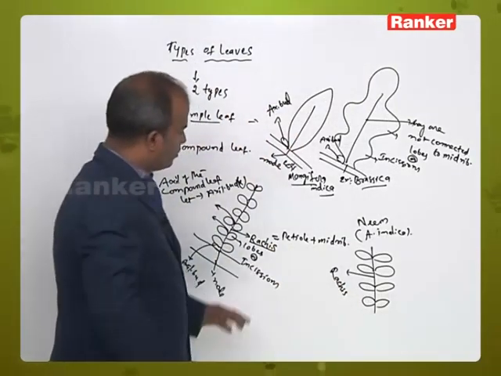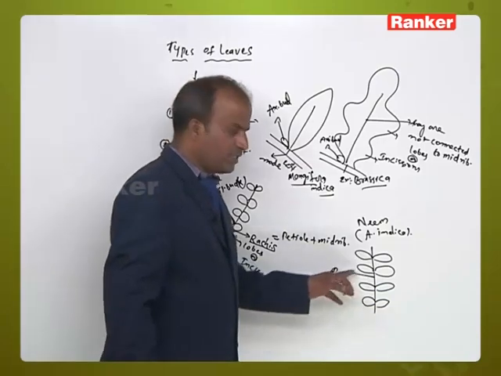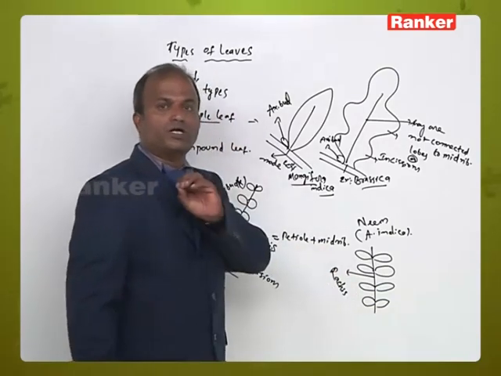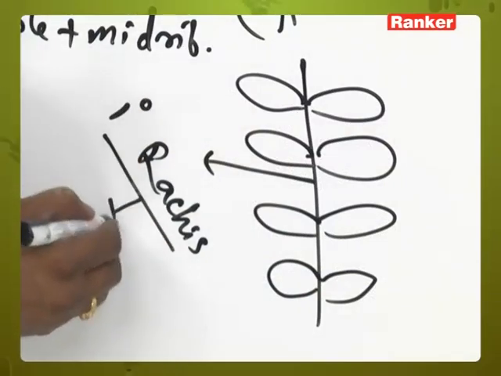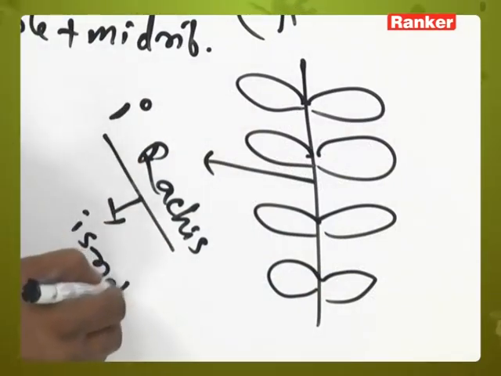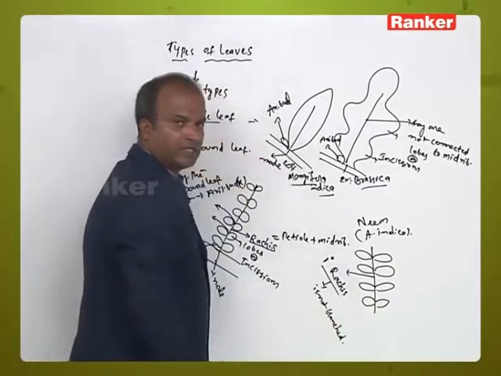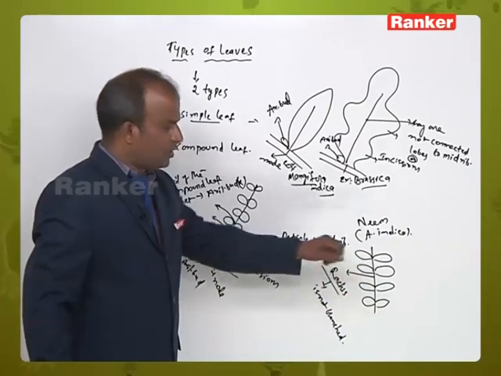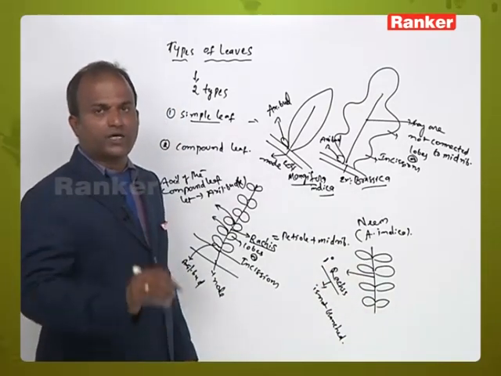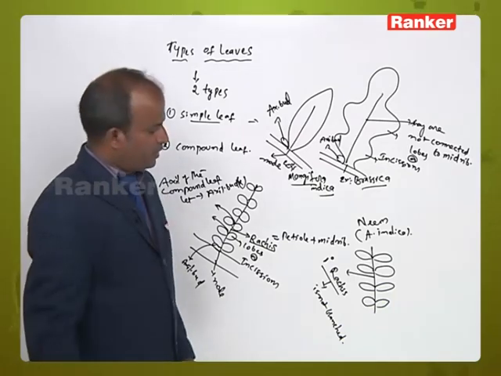Rachis is equal to midrib plus petiole. This rachis is not branched. That means it is called the primary rachis. The primary rachis is not branched. On this primary rachis, leaflets are arranged on either side of the unbranched primary rachis.